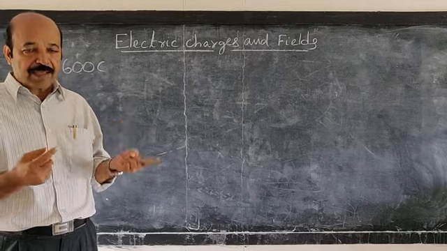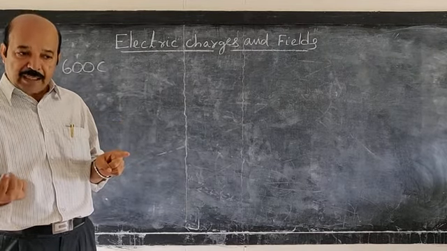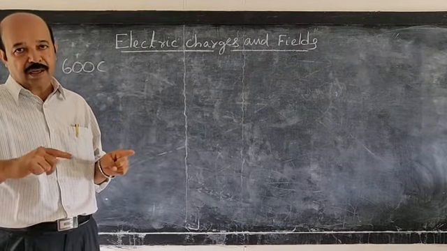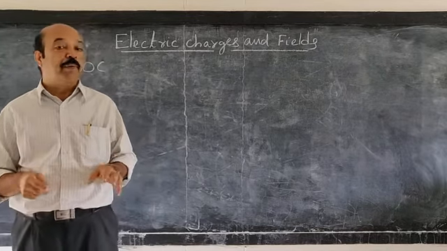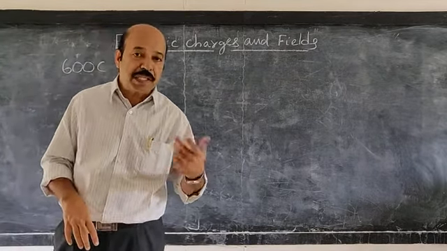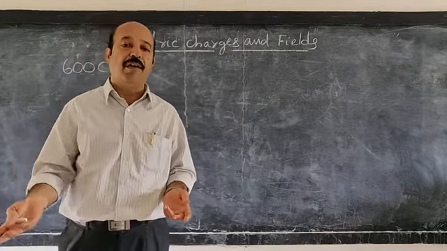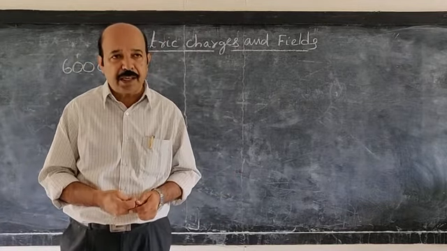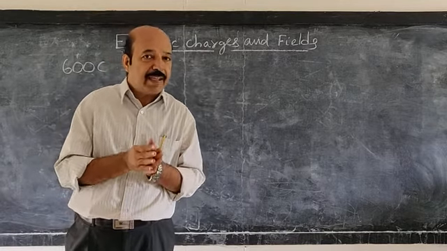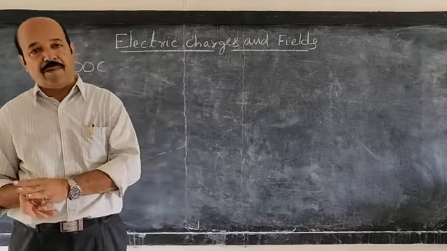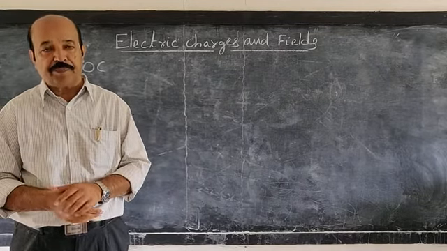The glass rod rubbed with silk and the ebonite or plastic rod rubbed with fur, when brought together, attract each other. Whereas when you bring two similarly rubbed glass rods or ebonite rods together, they repel each other. Such experiments proved that there exist two kinds of charges.